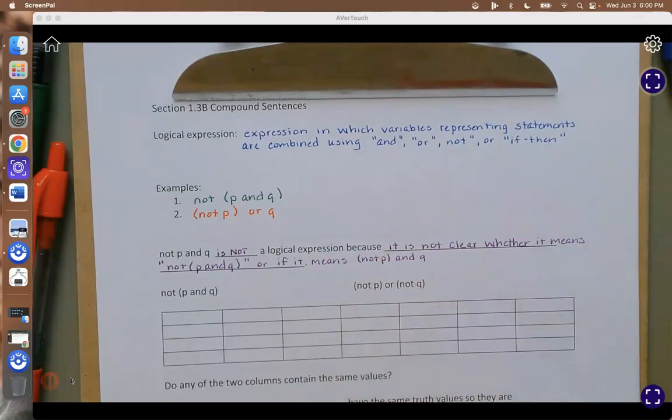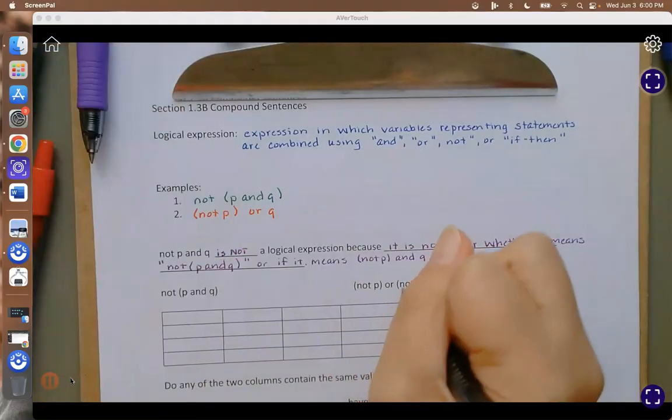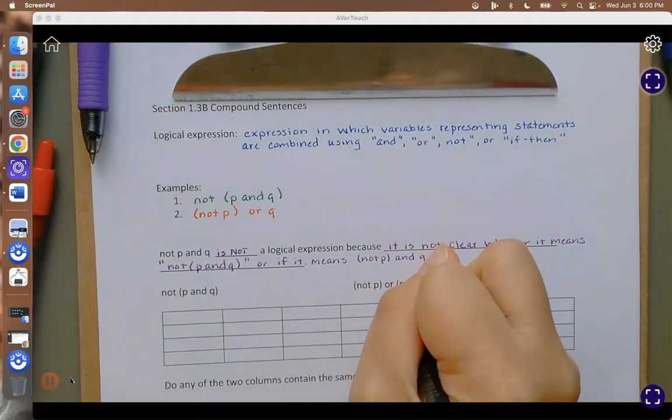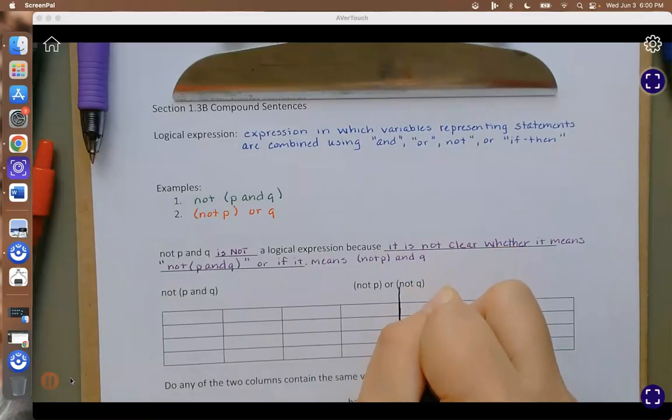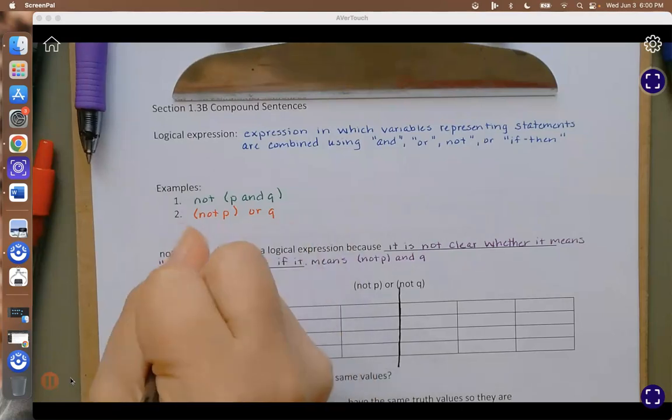All right, so what we're going to do is we're going to do a little truth table, okay? So what I'm going to do is right here, this is going to divvy up the two problems. Okay, so we're going to do this problem over here and this problem over here. Okay, but we're only going to do P and Q one time.